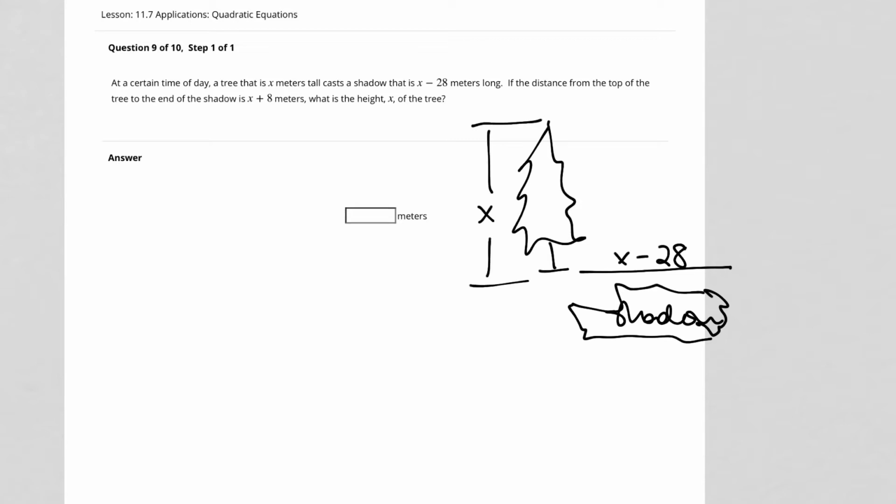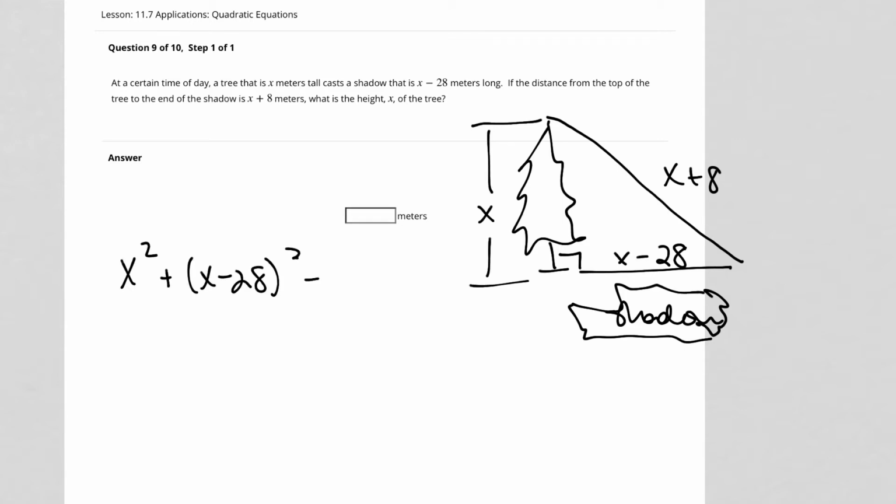If the distance from the top of the tree to the end of the shadow is X plus 8 meters, what is the height of the tree? So this is our picture. So using Pythagorean theorem, I'm going to have X squared plus X minus 28 squared equal X plus 8 squared.